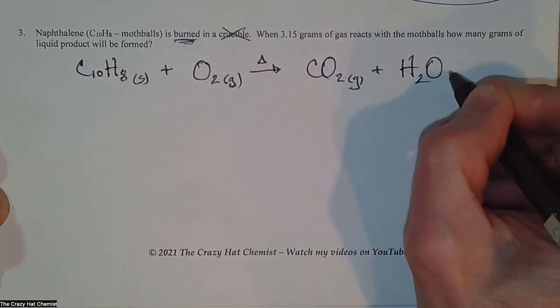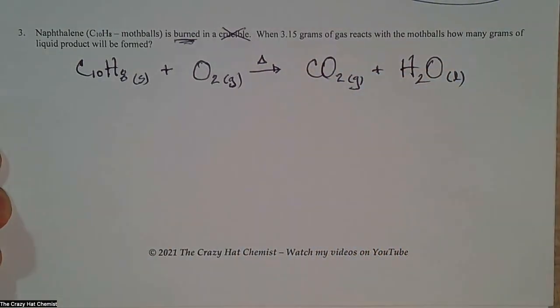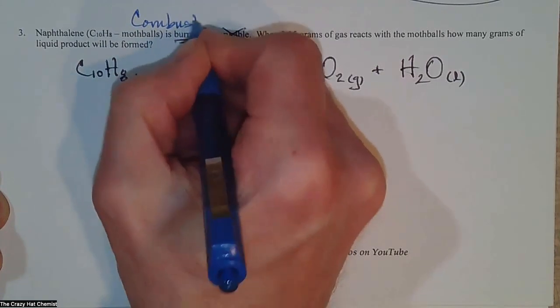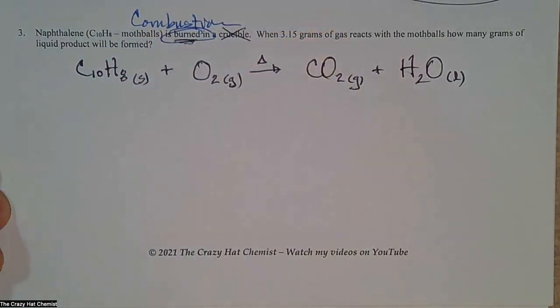More than likely, that's going to be a liquid. So this is a combustion type of reaction, as the keyword burned would suggest. And that's why I have the reactant of oxygen and the products of carbon dioxide and water. Those are characteristic of a combustion reaction.